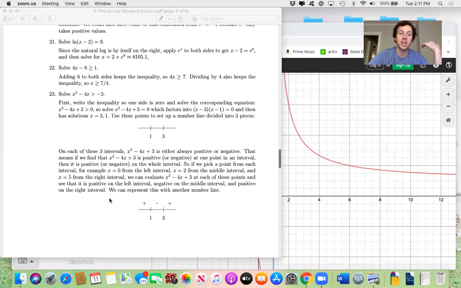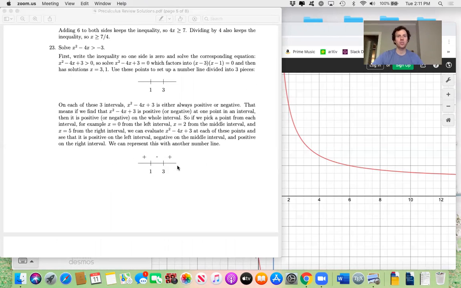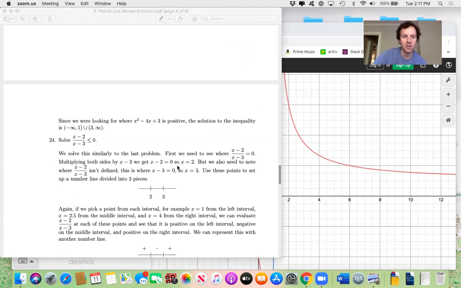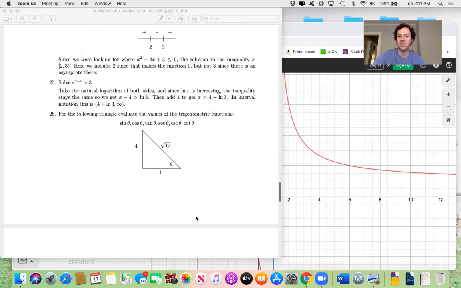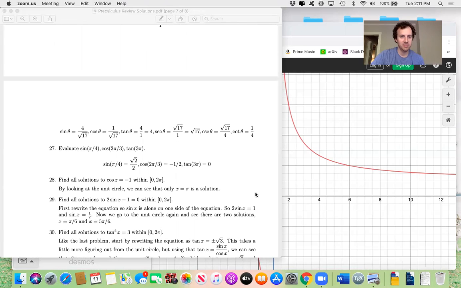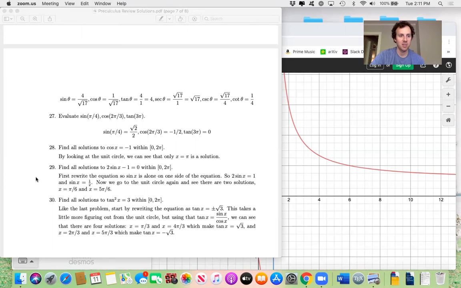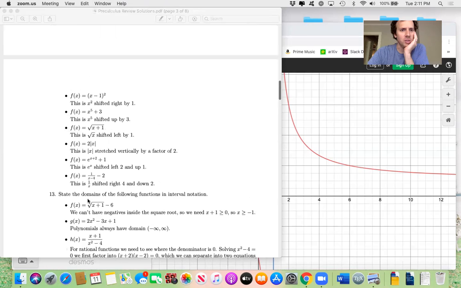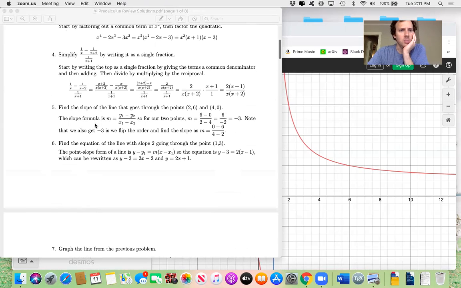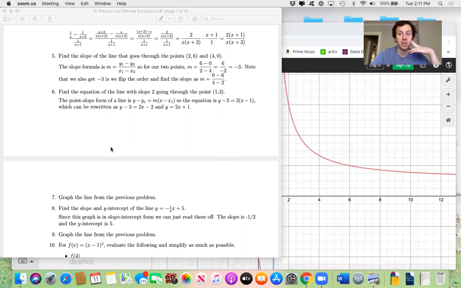A few of the more complicated ones make us set up these number lines, which you've encountered before, but it's always good to get a reminder. And then there's some trig at the end, which is also the sort of thing that brushing up on is a good idea. And what was at the beginning before those graphing ones? Lines, hopefully those are pretty familiar.